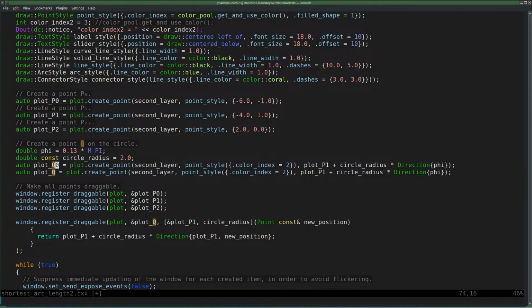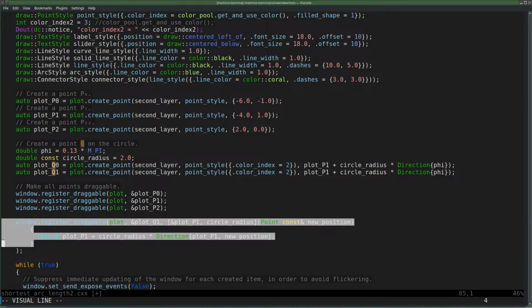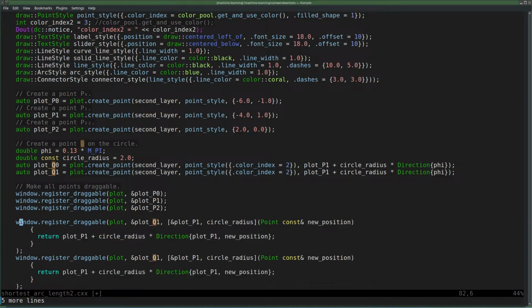Let's call this one Q0 and Q1. And then Q1 is of course around P1. And Q0 is around P0.